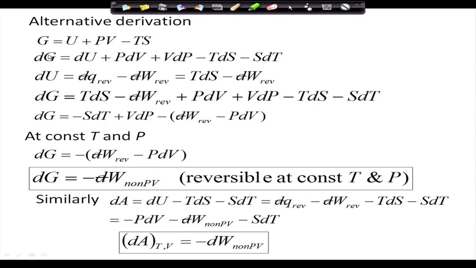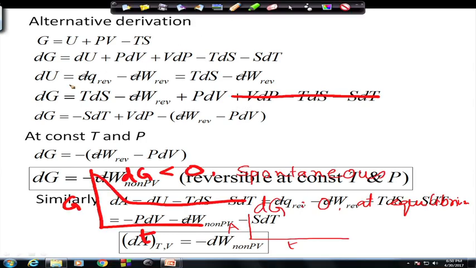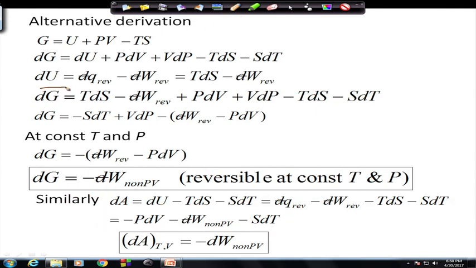So, I have started from the basic definitions and defined dU from the first law, and then at constant temperature and pressure, I find that dG is equal to the reversible work which can be performed by a system minus the PdV work, because PV work is anyhow there in that particular case.